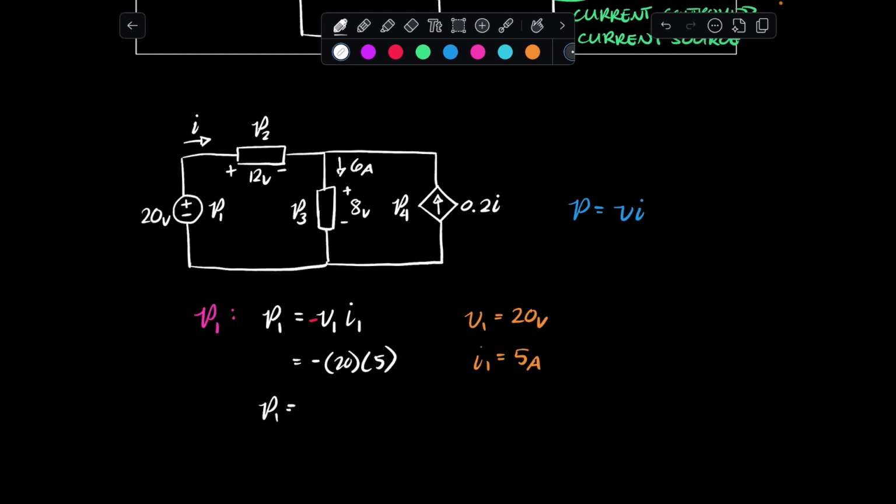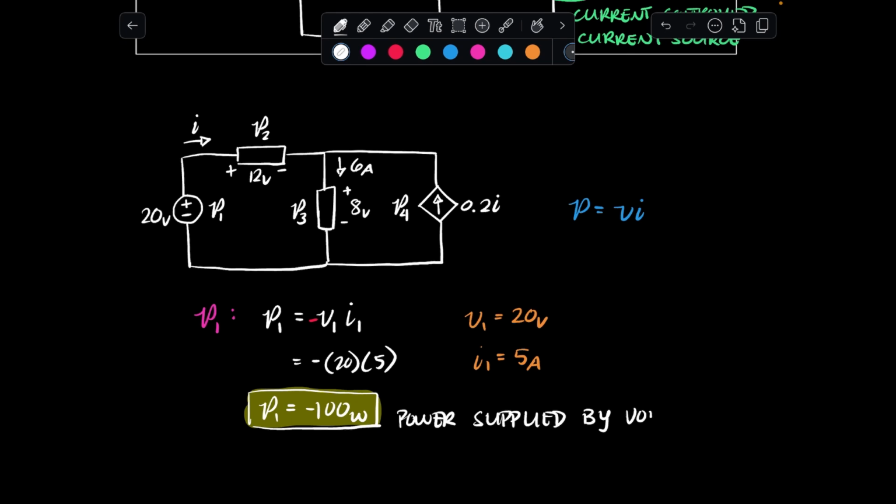Therefore, P sub 1 is negative 100 watts. Now, if we have a negative value for power, we know that power is supplied. And in this case, it's being supplied by the voltage source.